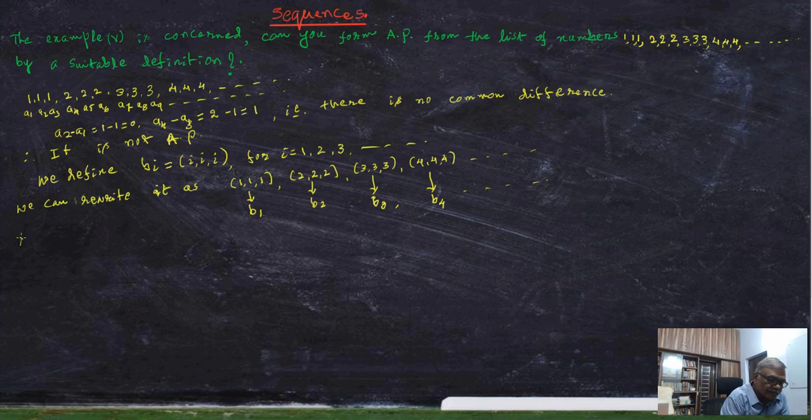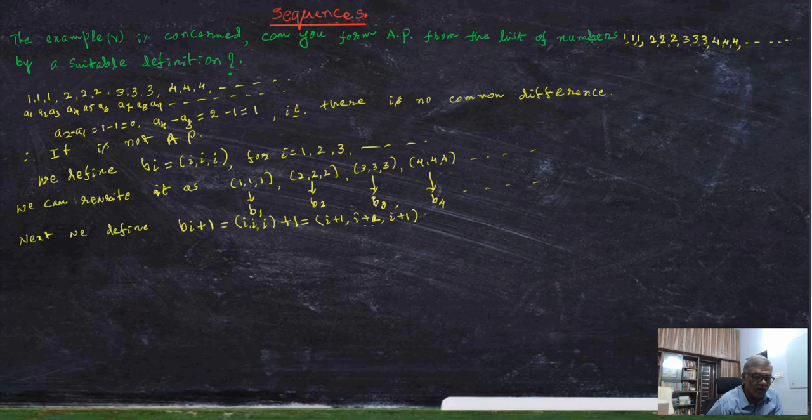Next we define Bi plus 1 as i plus 1, i plus 1, i plus 1.